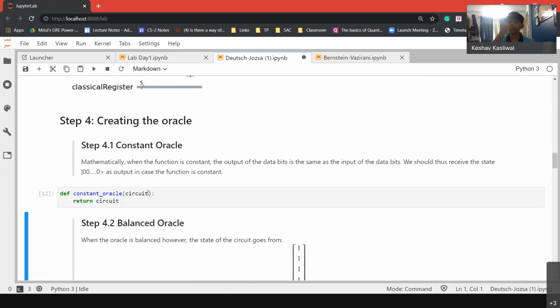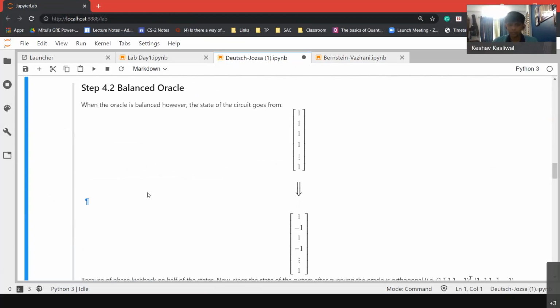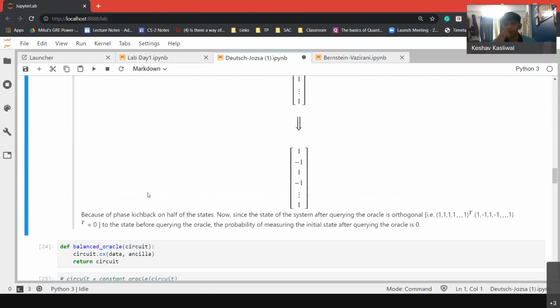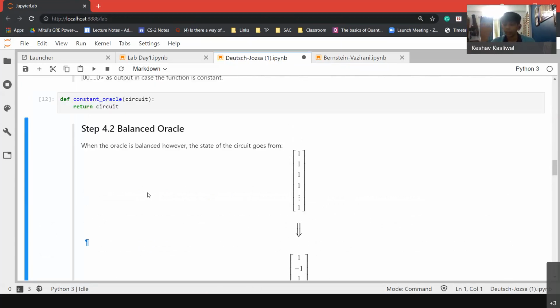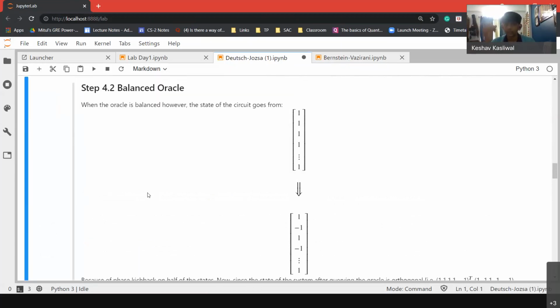So if the function is called as a constant oracle function, that means we would return the exact circuit as it is. Now coming back to the balanced oracle. Here we need something different, because in the balanced oracle the number of ones is equal to the number of zeros.